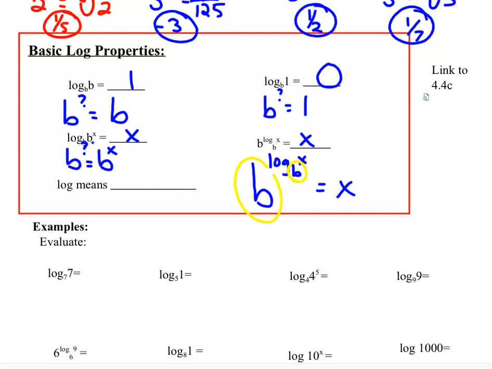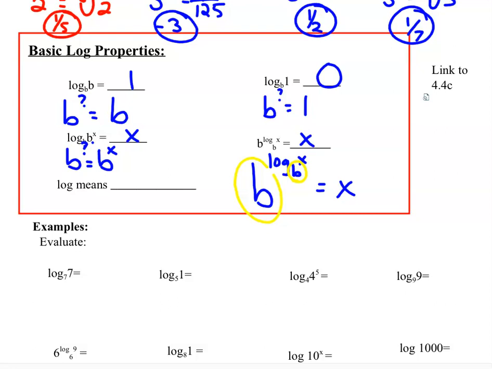And then what is the base if I just write the word log and I don't put any base next to it? What's implied? Anybody remember from last year? We're going to talk about base e too, but it's not base e, it's base 10.